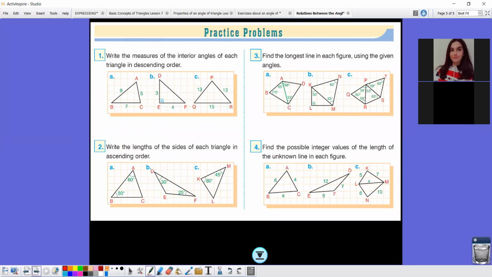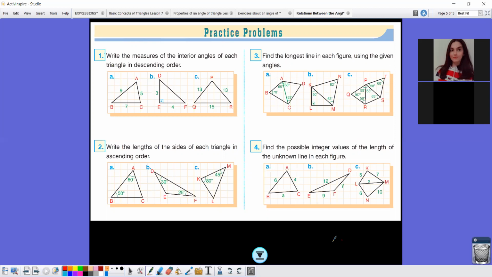I think that this is the last slide of this topic. So let's solve from exercise 3. One question. How many minutes do we have? We have 8 minutes. Do you want one question from the third exercise or 2 questions from the fourth exercise?